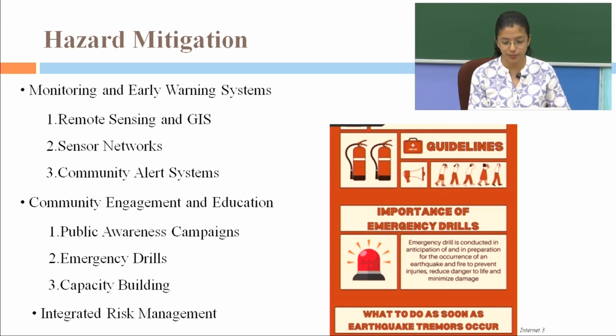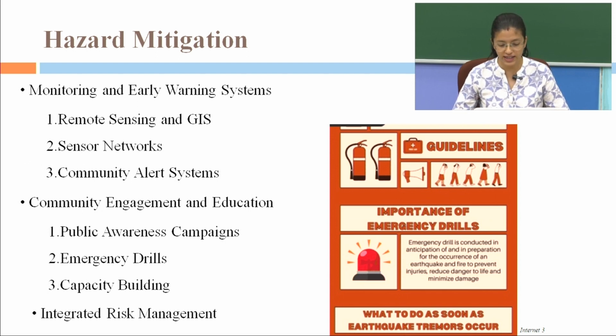Combining scientific research, technology tools, and policy frameworks, also community participation, leads to effective geohazard mitigation. There are several organizations, international organizations also, that emphasize building local capacity and implementing practical solutions to mitigate these hazards according to specific regional risks.